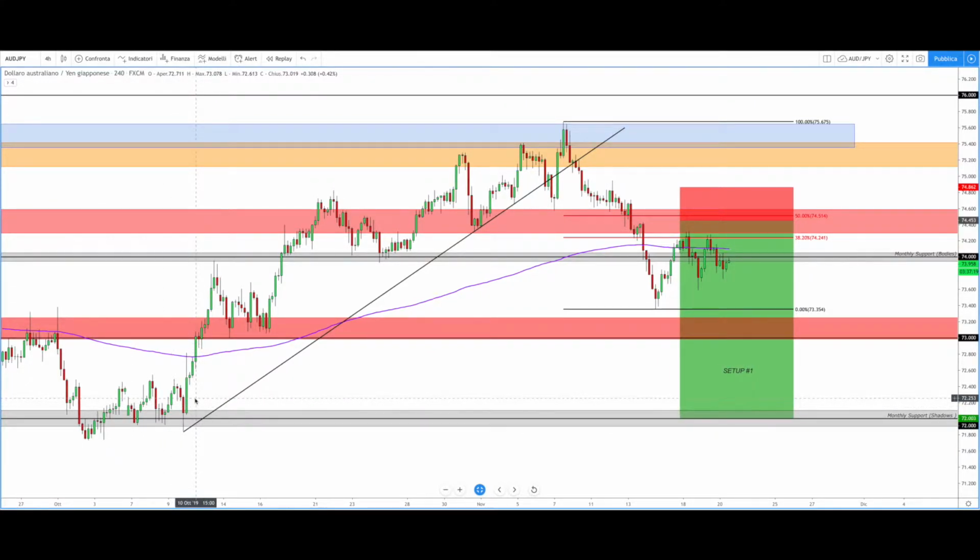We can see that the price in the last weeks has reached this monthly support 7.2 but failed to go lower, and after these failed attempts, the price finds the strength to start a new bullish movement that brings the price to break this key level, another monthly support 7.4, really a strong level on Australian dollar, Japanese yen.